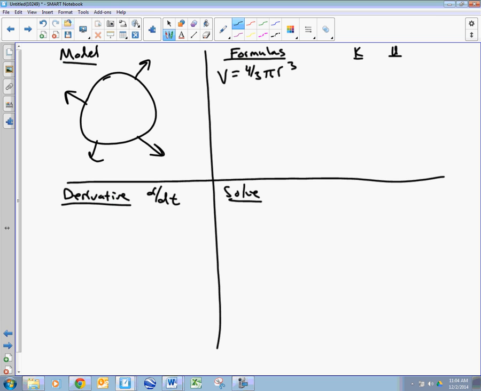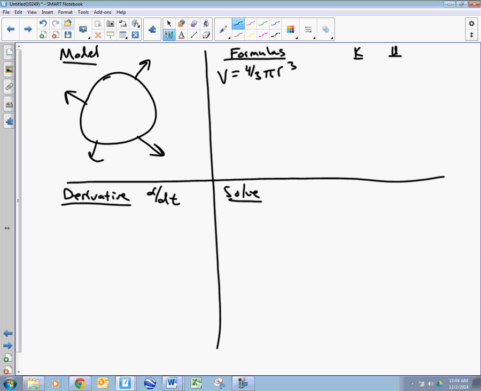So what else do you know in this problem again? It says that air is being filled at a rate of 1 cubic centimeter per second. What is that? What is 1 cubic centimeter per second? One cubic centimeter refers to volume, correct? 1 cubic centimeter per second refers to the derivative of volume.